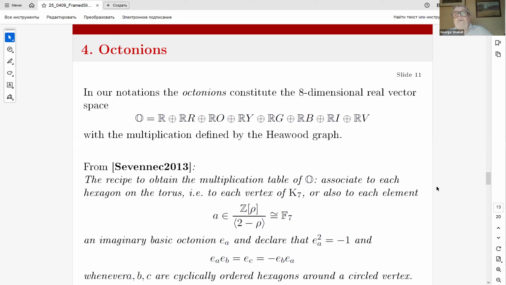And now here is what is written here. I'm not sure that all the words are necessary, and we just repeat it. I take the quotation almost literally. My notations are a bit different from Sevenech's.